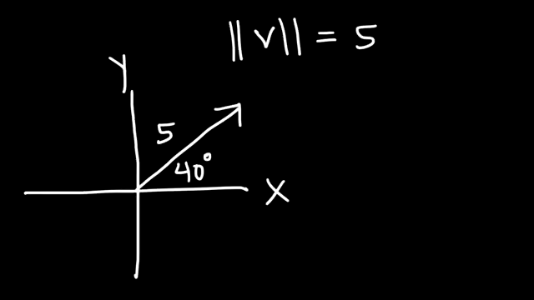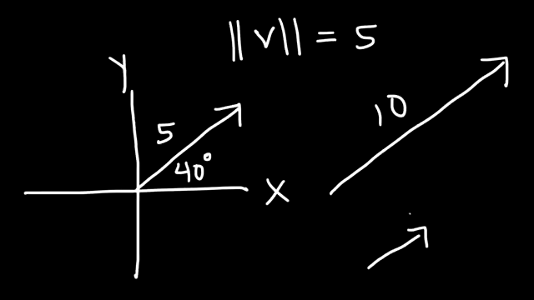The magnitude represents the length of the vector, how long it is. So this vector would have a magnitude of 10 because it's longer. And this vector would probably have a magnitude of 2 or 3 because it's shorter. And so the length of the directed line segment tells you the magnitude. So that's one way in which you can describe a vector, using its magnitude and an angle.